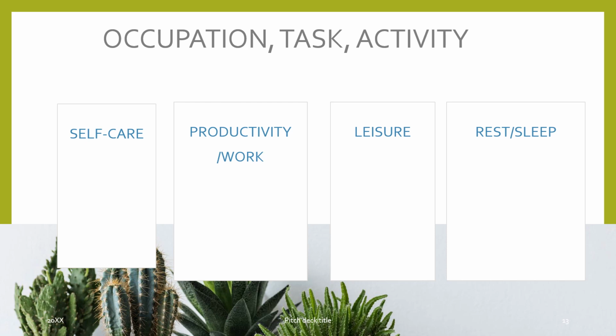So for instance, if you were going to wash your clothes, okay, laundry, you're going to do laundry, that is an occupation. And the task might be separating the laundry, okay?